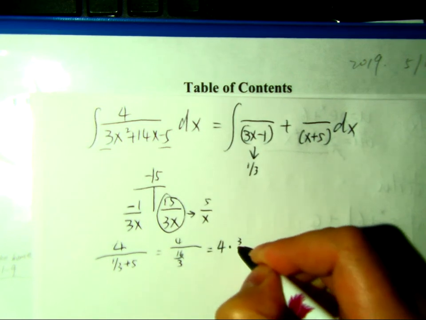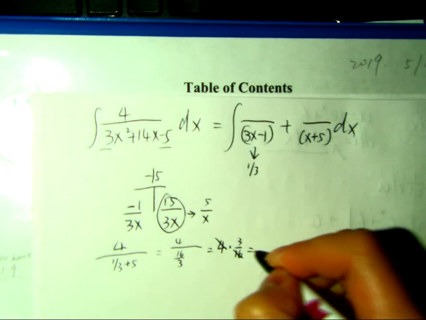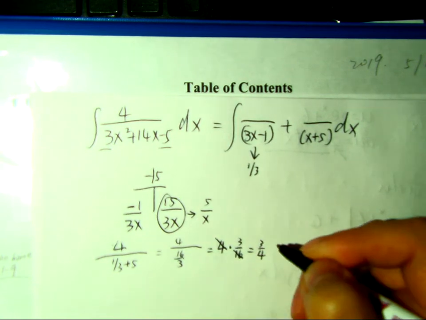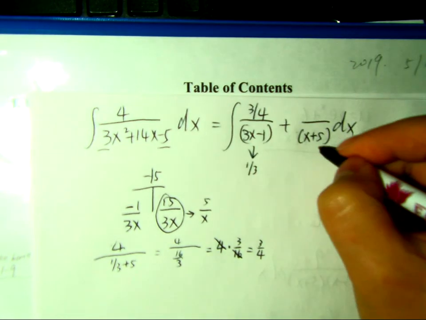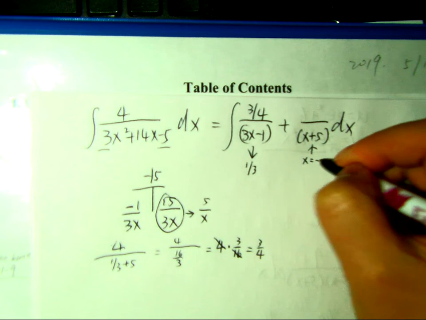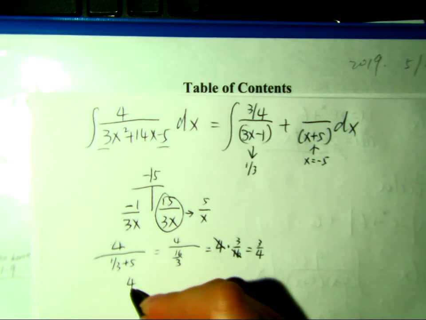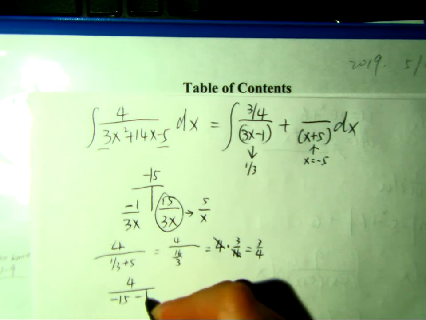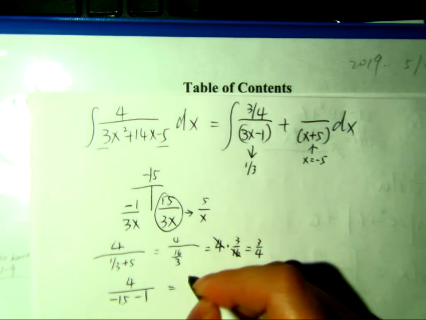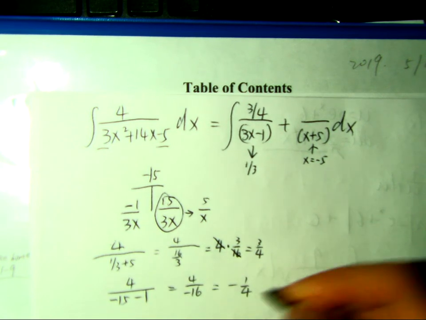So that will be 3 over 16, and you can simplify this to 3 over 4. So this is going to be 3 over 4. And when we plug in x equal to negative 5, that would be 4 over negative 15 minus 1. So 4 over negative 16, which will be negative 1 over 4.